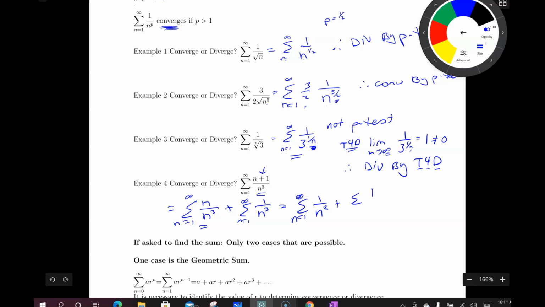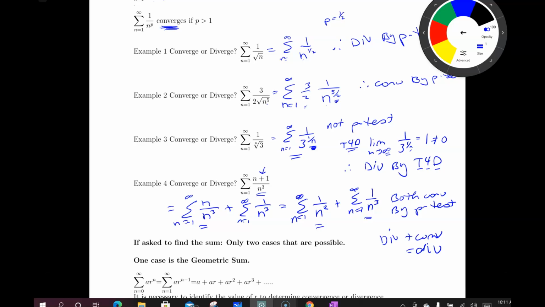And then this one is 1 over n cubed. Okay, they both converge by p-test. If one of them diverged, then if you had diverge plus converge, that equals a diverge, because diverge means adds up to infinity. So that overrules everything.